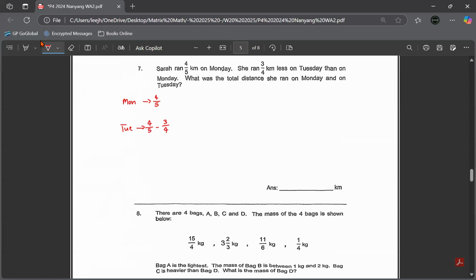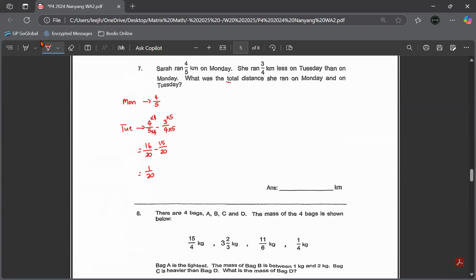In this case, we can only make them a denominator of 20. So times 4, times 4, and times 5, times 5. So convert the fractions: 16 over 20 minus 15 over 20. On Tuesday, she only ran 1 over 20 kilometers.